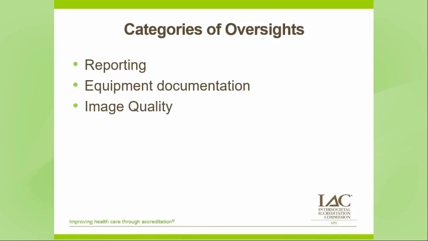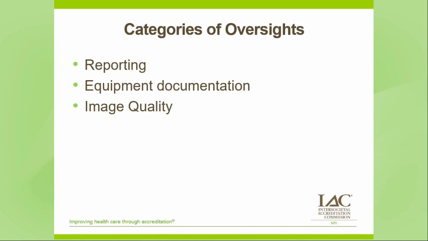First category is reporting. Second category is equipment documentation. And last but not least is image quality. Now, for the sake of keeping this webinar brief, I'm going to focus on these three common categories that additional documentation is sometimes required for.